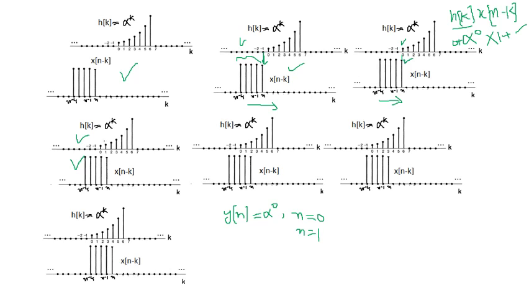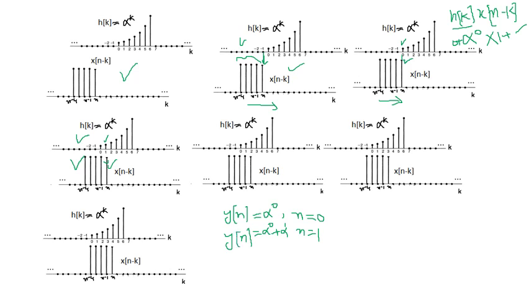At this point, this is non-zero and this is non-zero, so this sample is multiplied. So this is alpha power 0 plus alpha power 1. This is y of n for n equals 1.